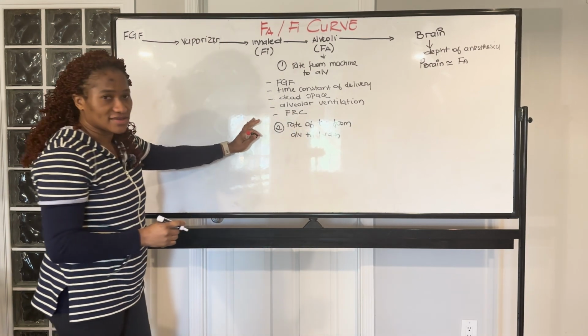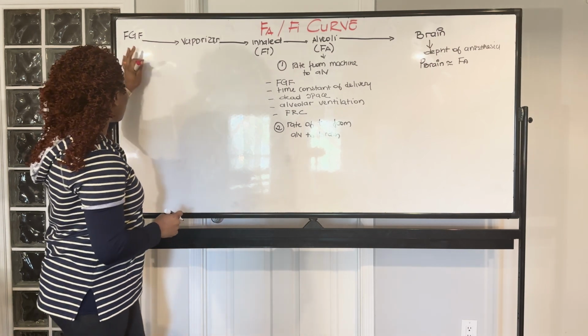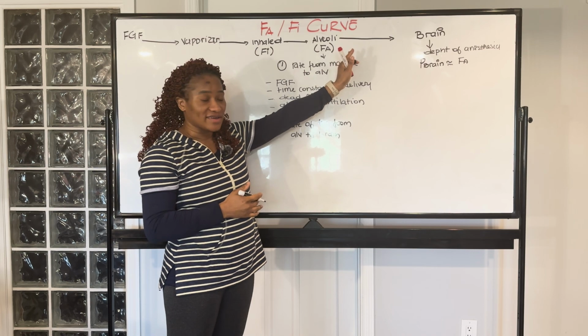We're going to come back to this. And so these are the determinants from the machine into what gets into the alveoli.